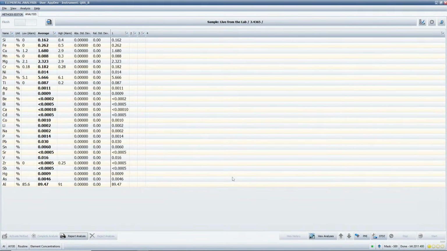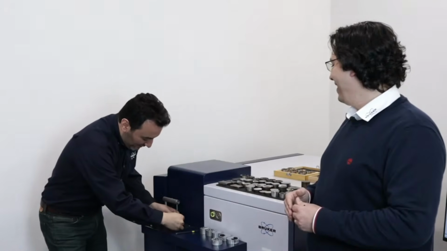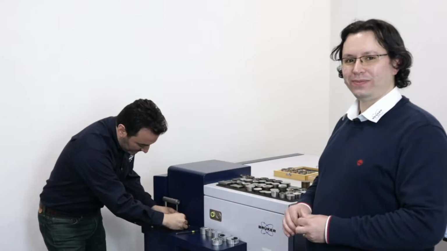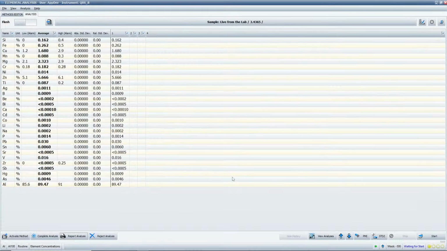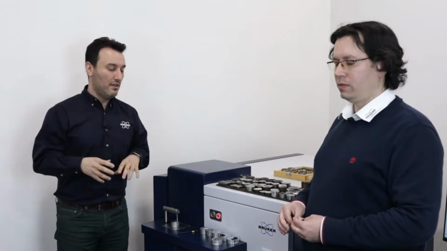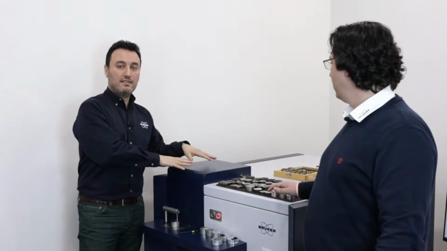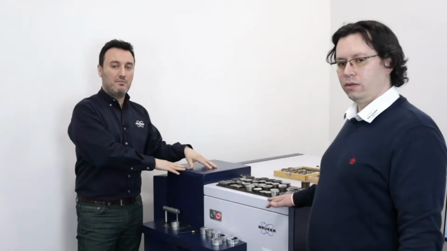Let's continue with the next one. We use this kind of detectors in this kind of big and robust instruments. And one other difference between the CCD systems and the PMT system is that on the CCD systems, the optical chamber is flushed with argon, whereas the optical chamber on the PMT system is under vacuum.